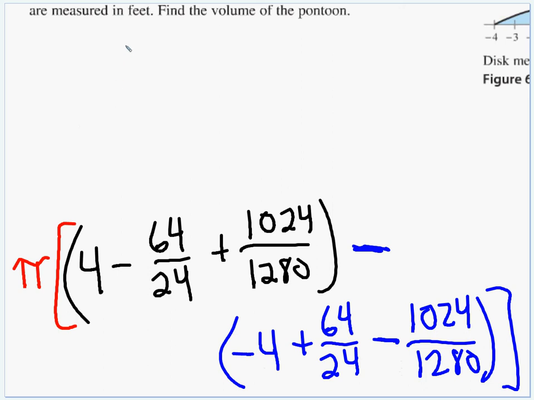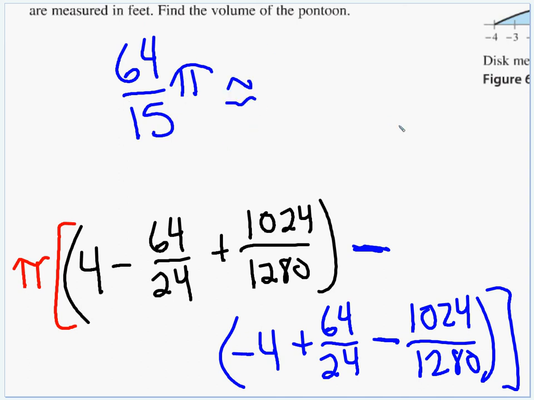It all boils down to 64/15 pi, which is approximately, since we're dealing with an applied problem here, we're talking cubic units, because here we are in feet. 64/15 pi doesn't do much for me, but if we multiply that all out, we get about 13.4 cubic feet. Okay, and there in that one, the disk method is preferable. I don't even know if shell method would be possible.